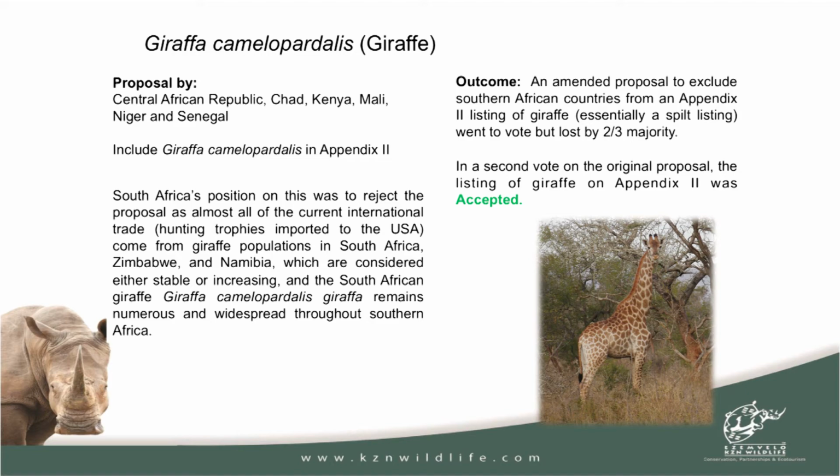So giraffe, with all the subspecies, are now listed on Appendix 2. Essentially South Africa, along with other SADC countries, has indicated that we will submit a reservation to this outcome, but this has not been finalized yet.